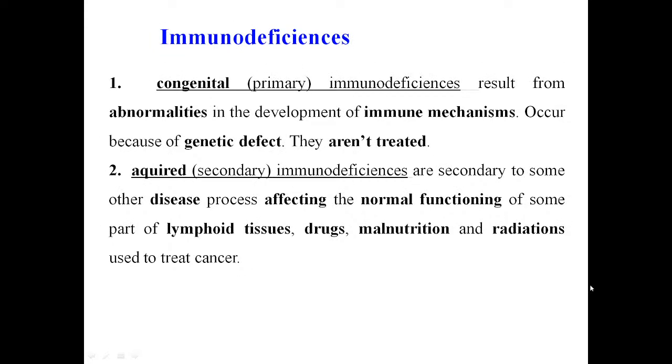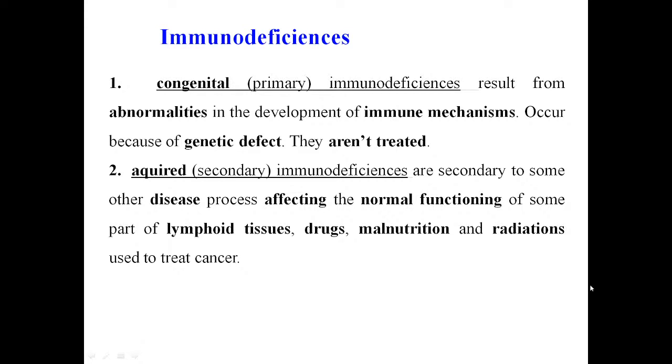Immunodeficiencies may be classified into 2 big groups. The first group, or the first type of immunodeficiency, are called congenital or primary immunodeficiencies. They result from abnormalities in the development of immune mechanisms. They occur because of genetic defect, because of mutation, in other words.